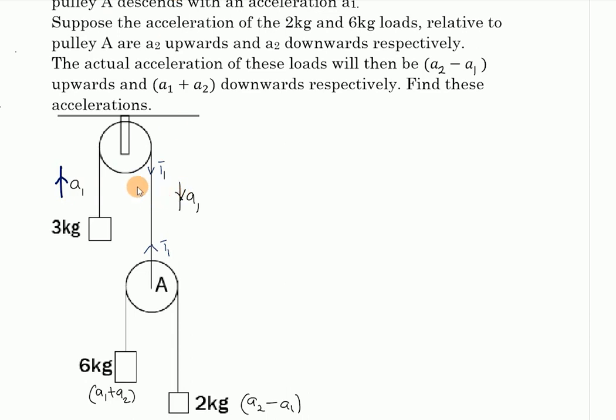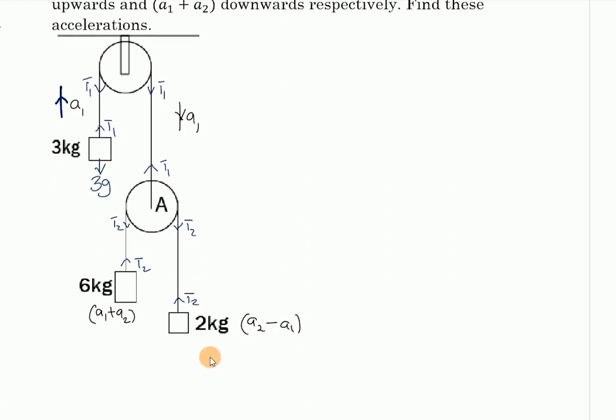So we have T1 here and the T1. There is a weight because of this 3, that is 3g. These strings are different now, so this one is T2. We shall assume the tensions in the strings are T1 and then T2. So there is this one, it is T2 because the strings are different.